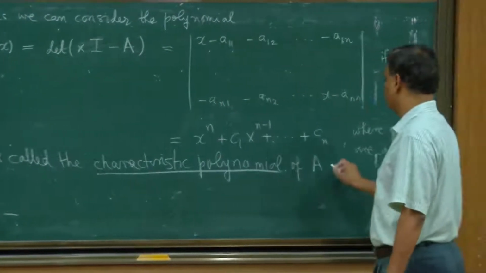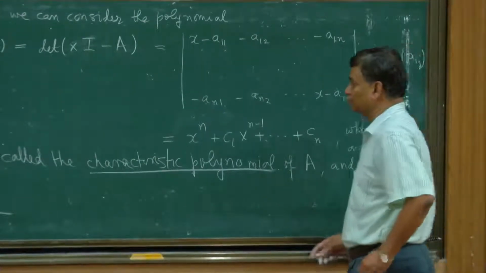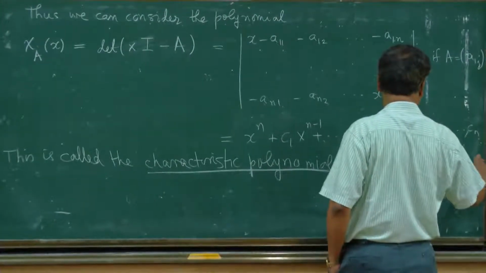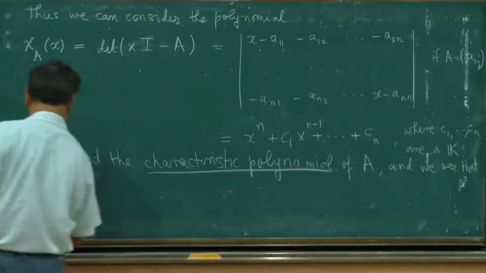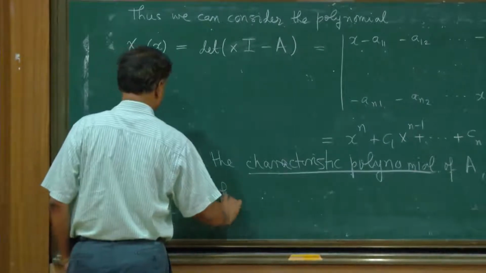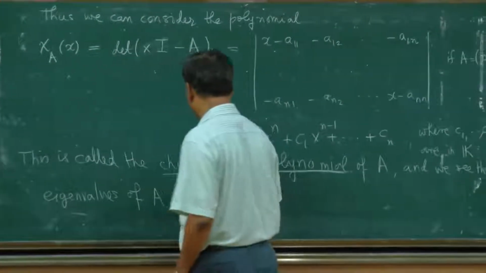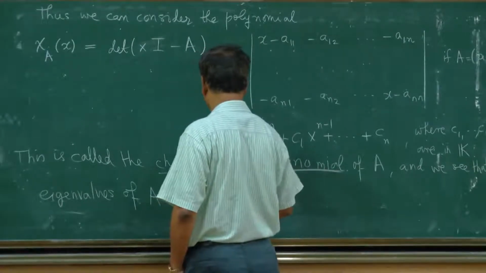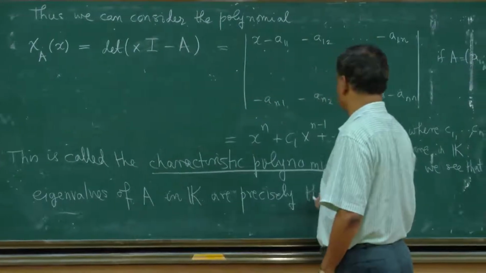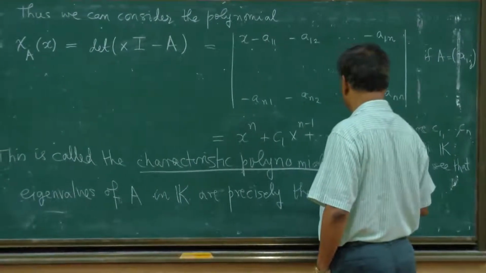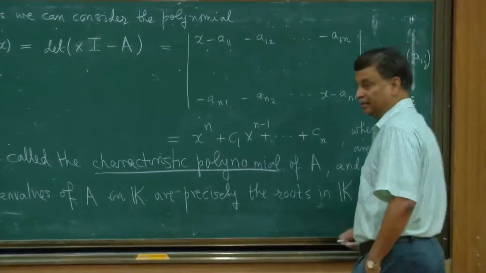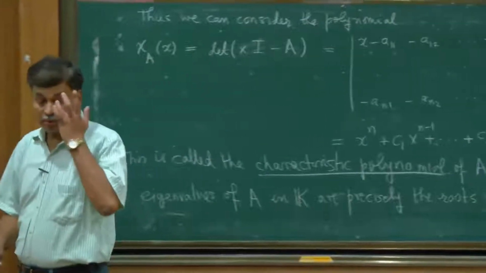And you see that the eigenvalues of A are precisely the roots in K of the characteristic polynomial chi A of x.